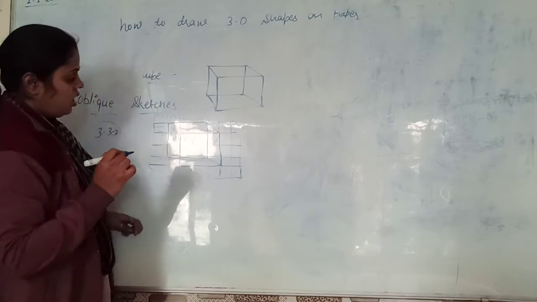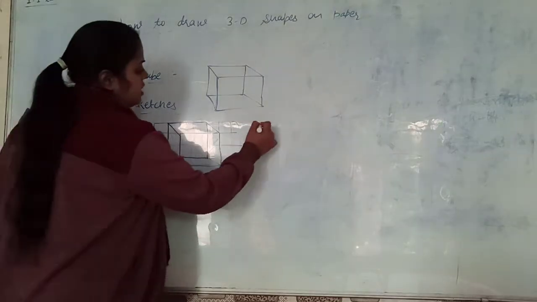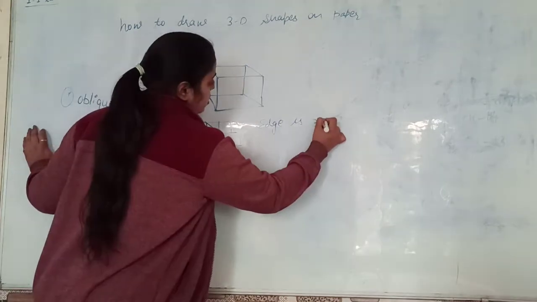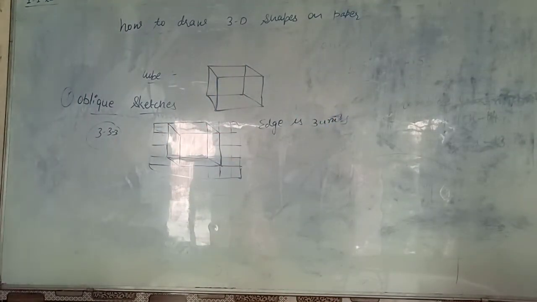See, it is up with equal gap and it is a cube of 3 multiply 3 multiply 3 units. Means edges of this cube are 3 units. So this is known as oblique sketches.